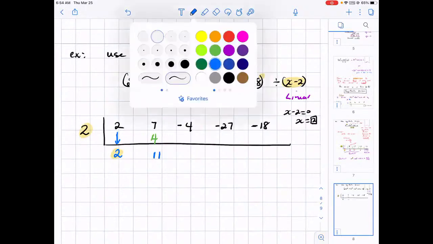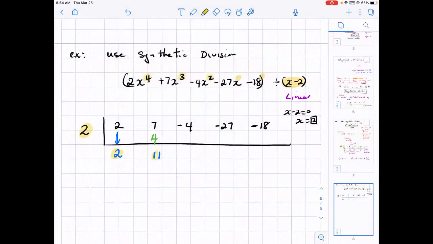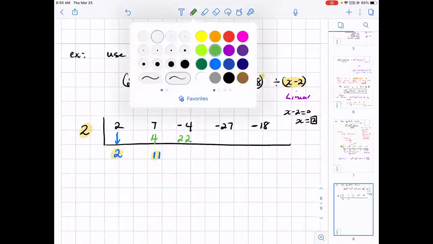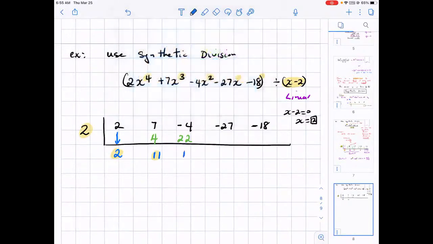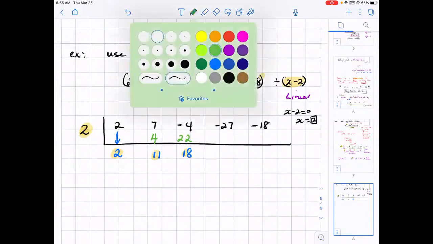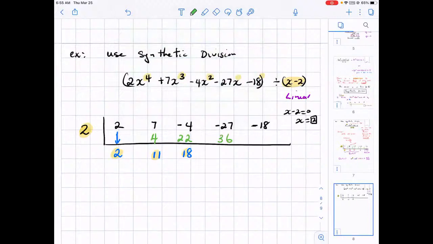And then 2 times 11 becomes 22. And if we add, this now becomes 18. And then we multiply again, 18 times 2 becomes 36.